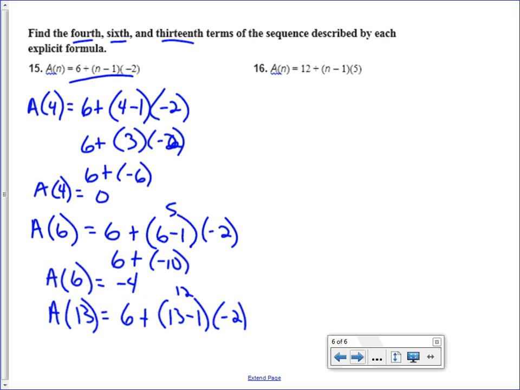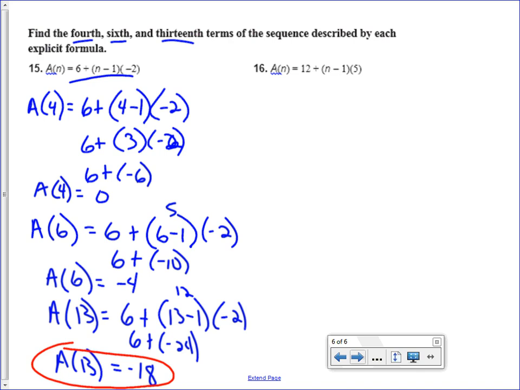So that's 12 times negative 2, which is negative 24. 6 plus negative 24 tells me that our 13th term of this sequence would be negative 18. So here are the terms that we're looking for. Term 13 is negative 18. Term 6 is negative 4. Term 4 is 0.